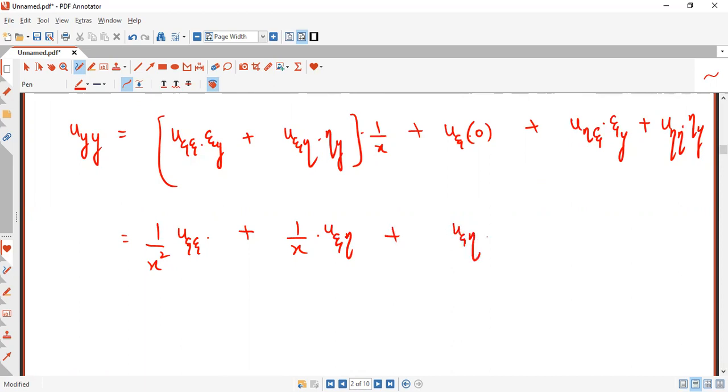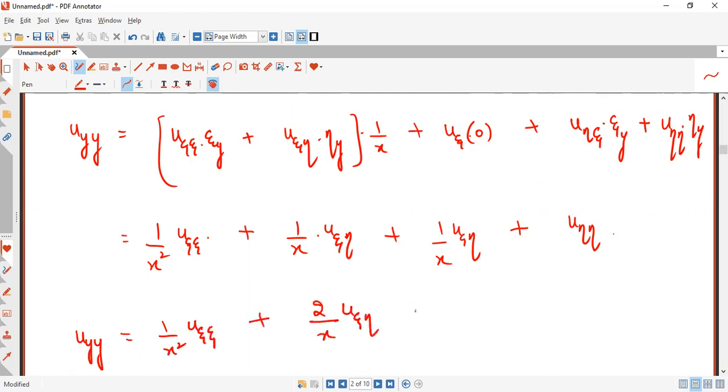So u xi eta times xi y is again 1 upon x, plus u eta eta and eta y is 1, right? So uyy is 1 upon x square u xi xi, plus 1 upon x plus 1 upon x will become 2 upon x of u xi eta, plus u eta eta. I've got this value.